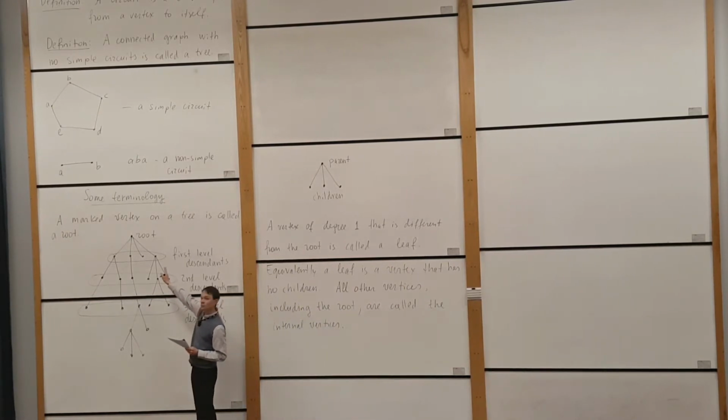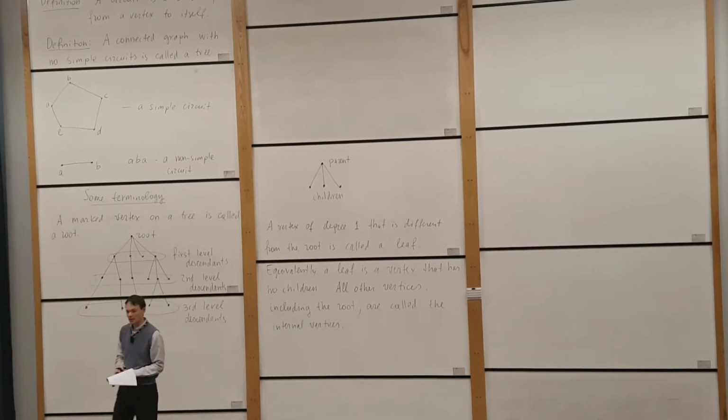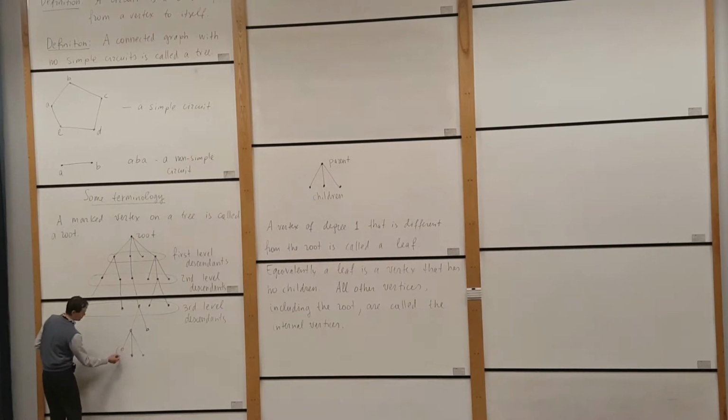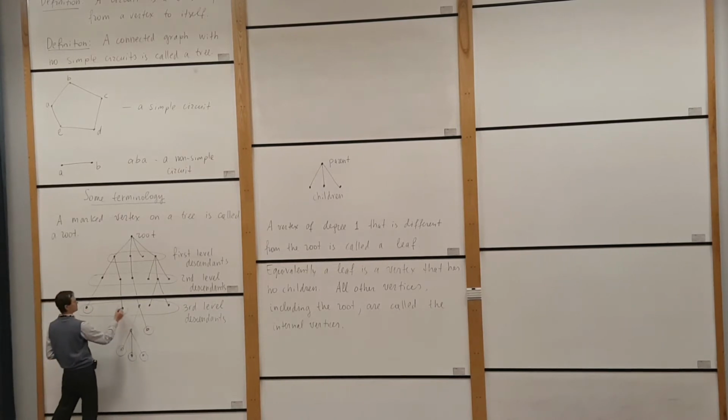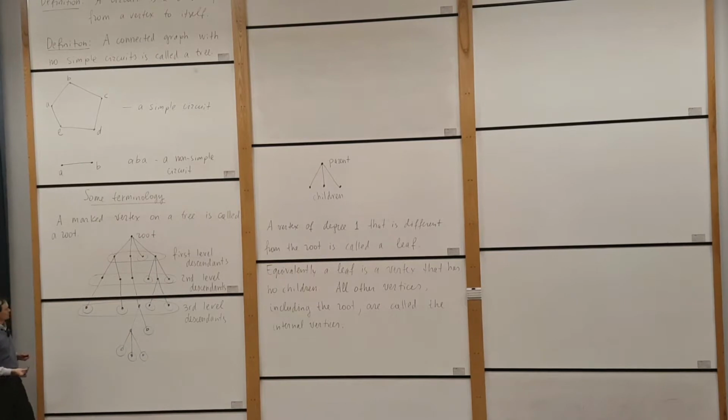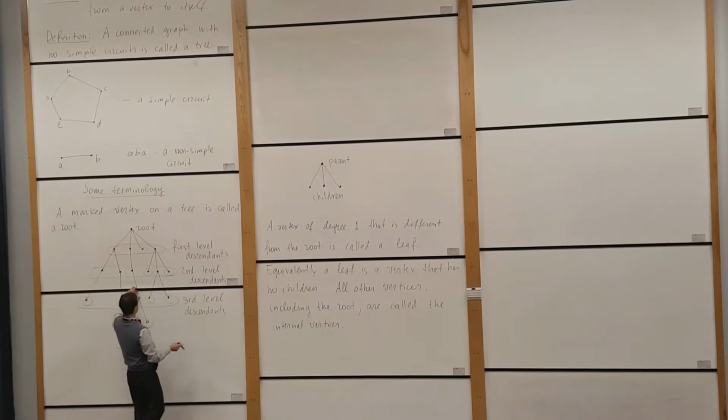In the tree I've drawn here, assuming that's the whole tree, I can mark the leaves by circling them in blue. Those vertices which have no children can be located at any level.